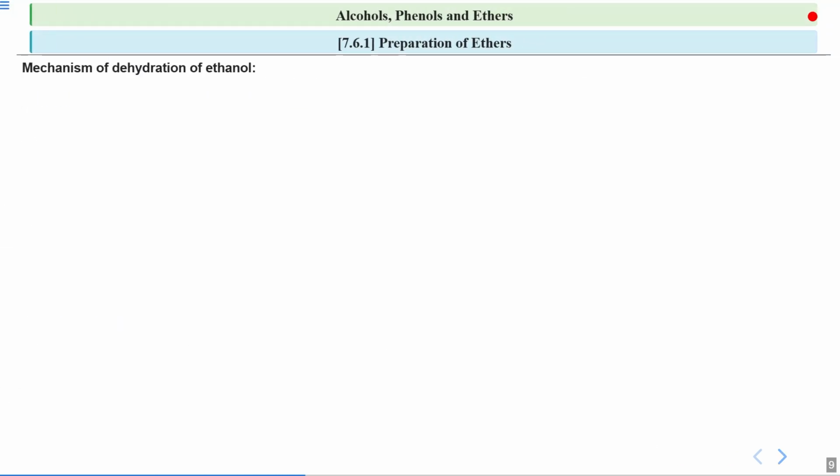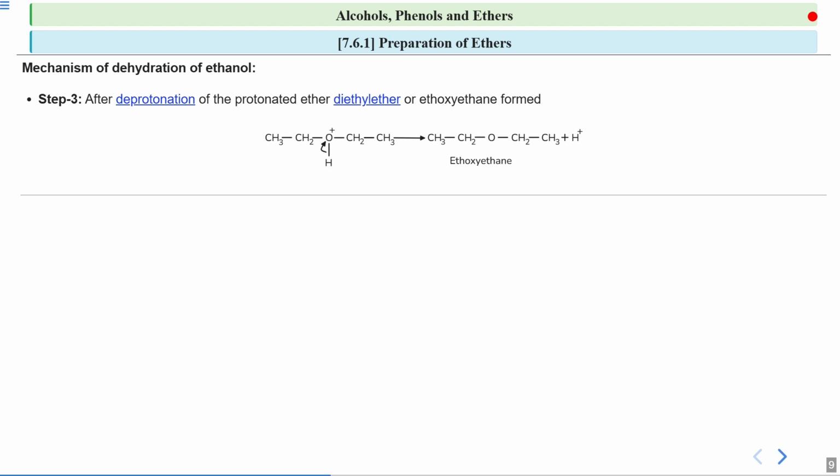So now what will happen in the next step? The oxygen has a positive charge, so it will try to remove that positive charge. So after deprotonation of the protonated ether, diethyl ether or ethoxyethane is formed. That is, there will be deprotonation of the protonated ether, and this hydrogen will be removed from here. So this H plus proton is removed and you get your neutral molecule, which is ethoxyethane.